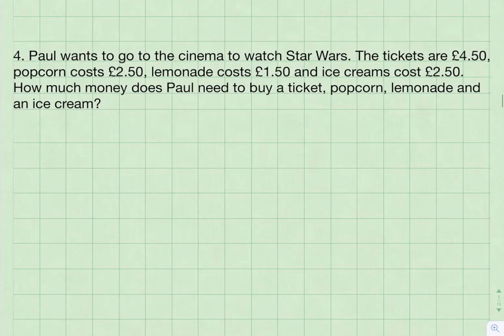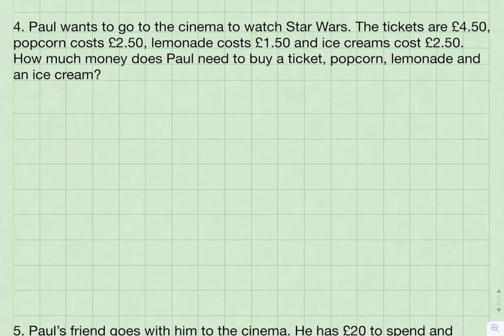Question number 4. Paul wants to go to the cinema to watch Star Wars. The tickets are £4.50. Popcorn costs £2.50. Lemonade costs £1.50. And ice creams cost £2.50. How much money does Paul need to buy a ticket, popcorn, lemonade and ice cream? Okay.